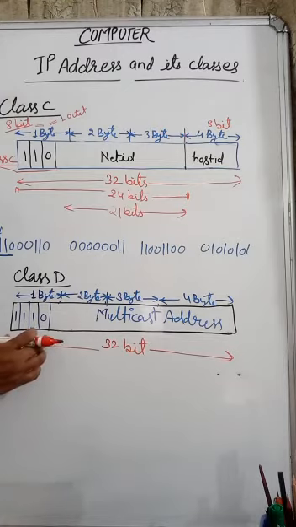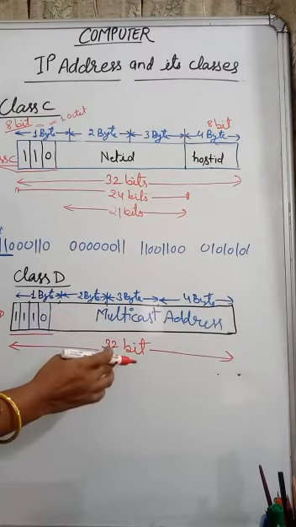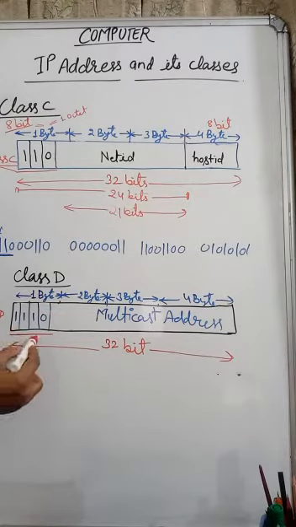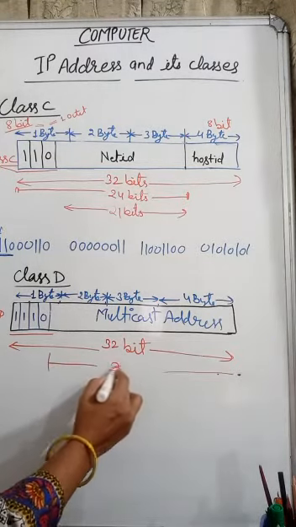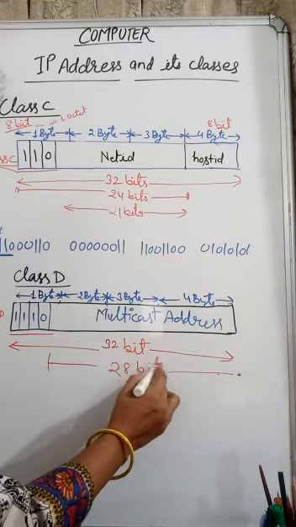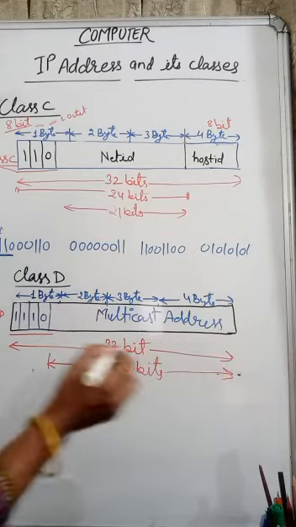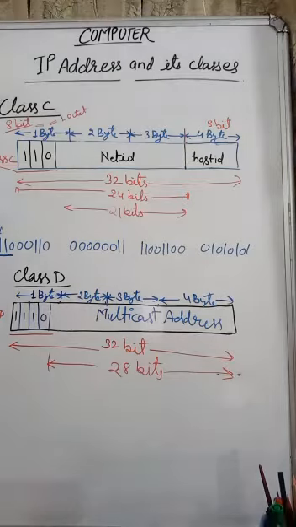The first 4 bits define class D. The remaining 28 bits, 32 minus these 4, define the different multicast addresses.